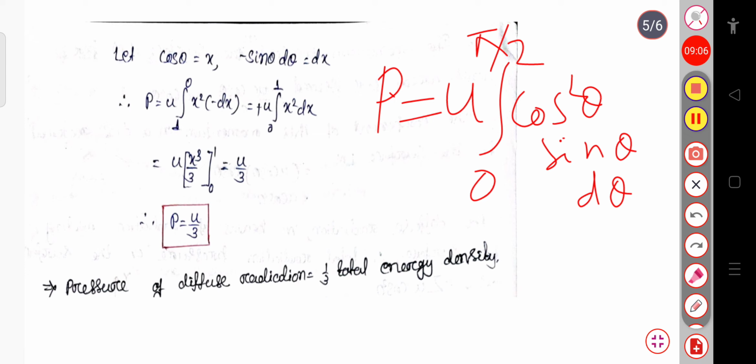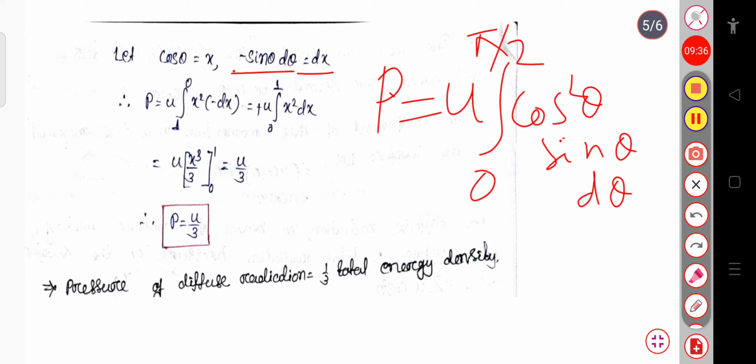Now if I put cos theta equal to x, then taking the derivative of both sides, minus sin theta d theta will be dx. Now putting this limit: when theta is equal to 0, x equals cos 0, that is 1, and when theta equals pi by 2, cos theta will be equal to 0.